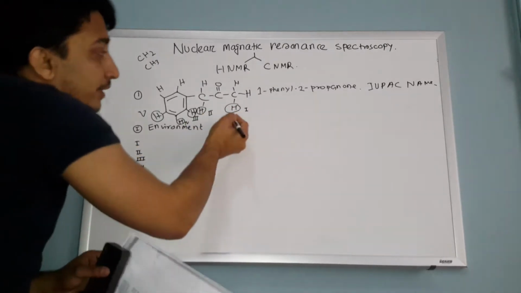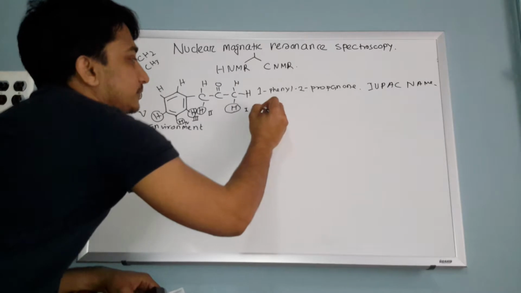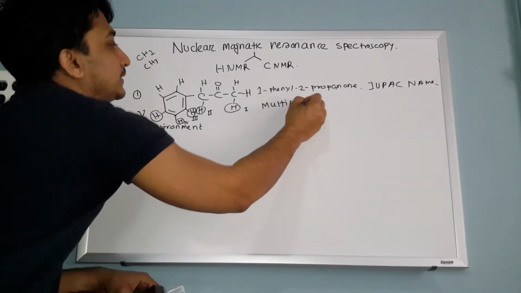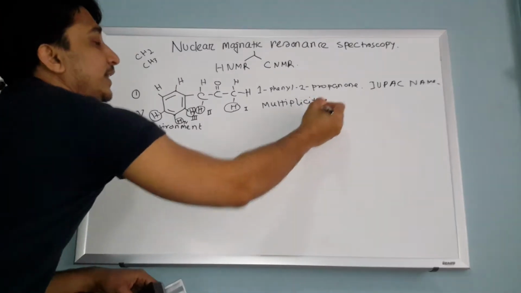So for environment number 1, this hydrogen, you have to find out the multiplicity. How you can find out the multiplicity is really simple.